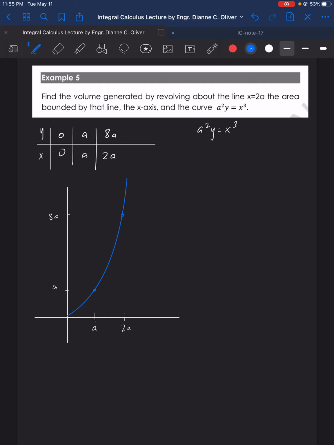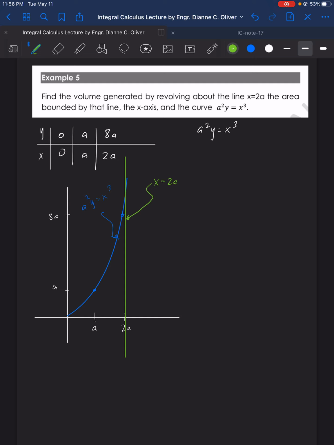This is the line here, and then the curve. The line here is 2a. So that's the line, x is equal to 2a.